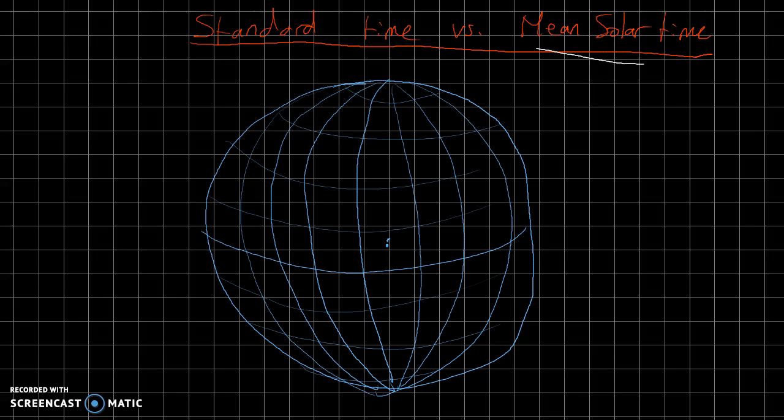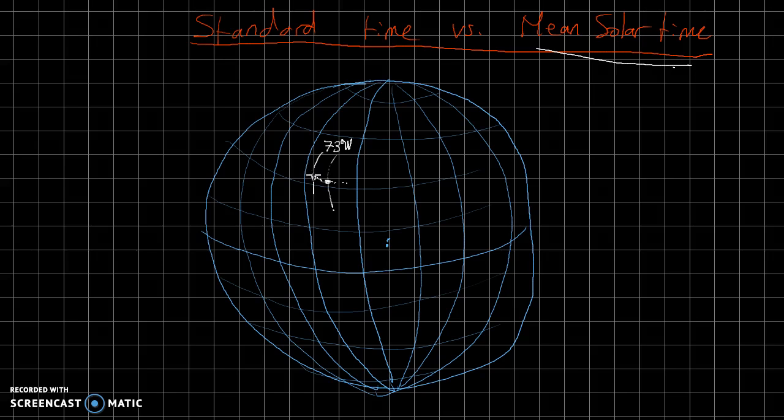The mean solar time is based on your local coordinates, which means that as you travel around the globe, around the Earth, and your longitude changes, the mean solar time will also change. So for example, if you live in Montreal, which has a longitude of 70 degrees west, and you travel eastward, let's say to 72 or 71 degrees west, then at this location, the sun has gone further in its path.